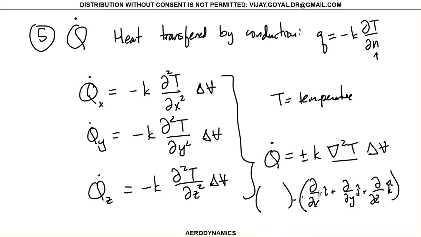That's why you end up with this squared, this squared, this squared. So this expression is nothing else than the partial of T in x squared plus the partial in y squared plus the partial in z squared. This is what this expression really means.